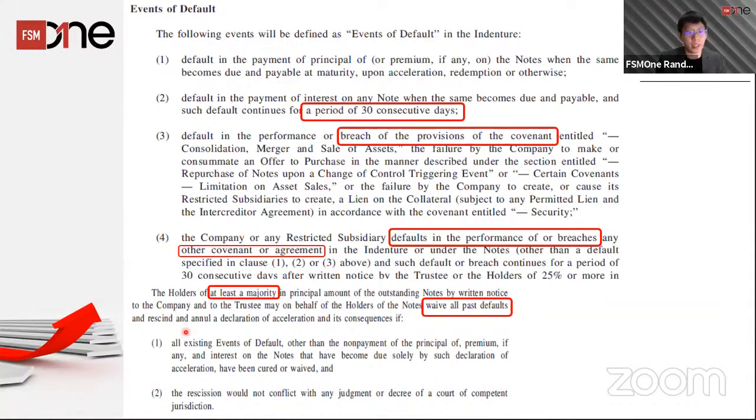You can see they add another sentence saying that bondholders of at least a majority in terms of the principal amount, meaning the bond issue size, can waive all past defaults, but excluding the non-payment of principal and interest of the bond. So they stated that clearly: anything other than missing payments, they can ask for a waiver of all the violations in order to keep the bond going.